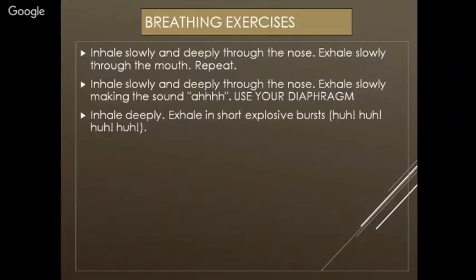First one, second one, now the third one: inhale deeply, exhale in short, explosive bursts. Ha, ha, ha, ha. First take a long breath. The trick is, when you feel that you have already inhaled enough, there is still room for more inhalation. Yes, you will be amazed.